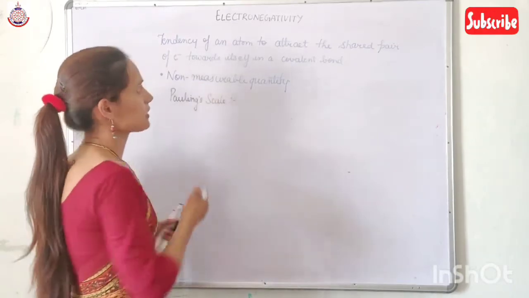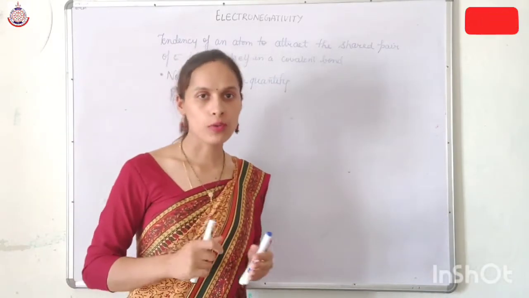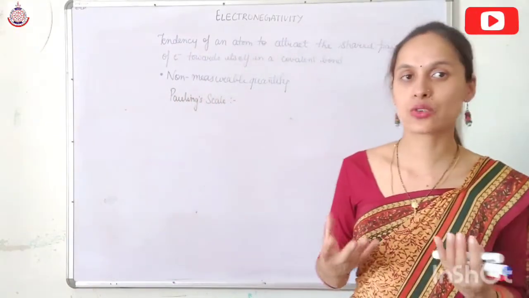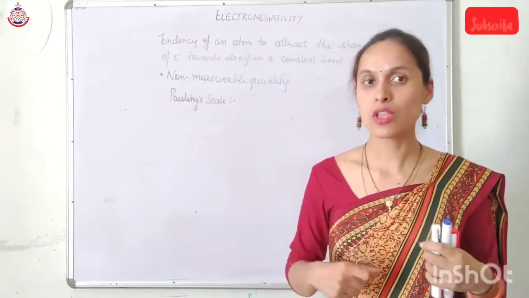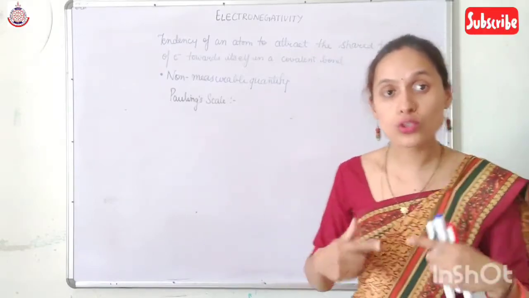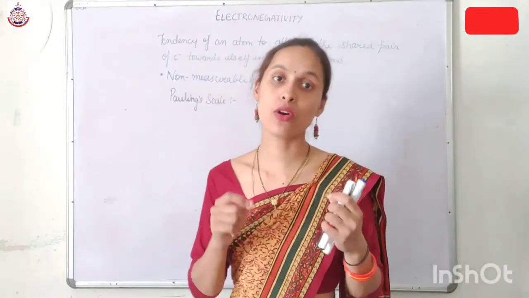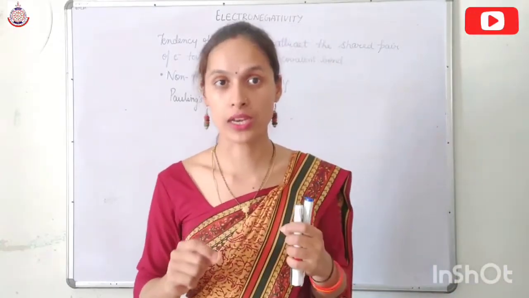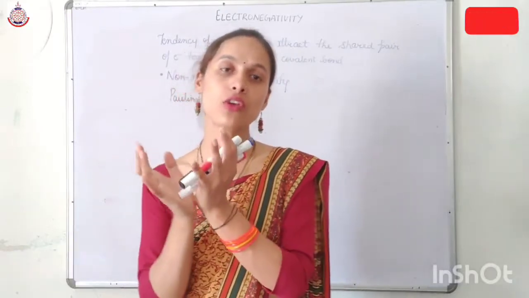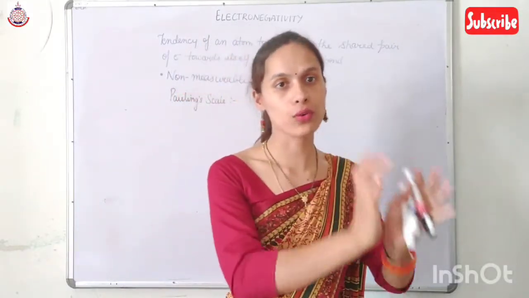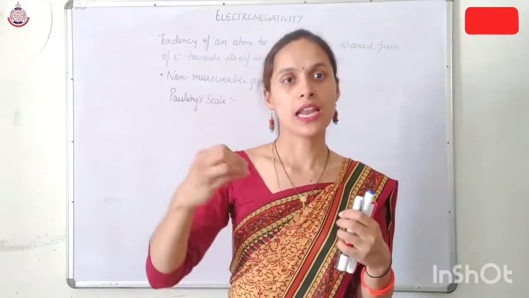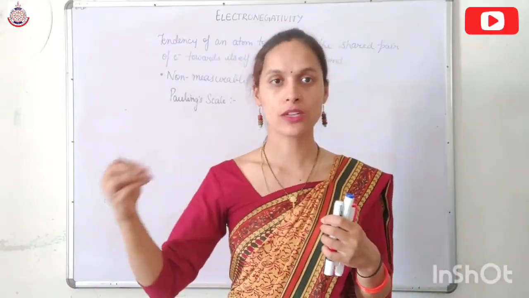Actually we compare the electronegativity of different atoms on the basis of the most electronegative element of the periodic table, that is fluorine. We simply compare the electronegativities of different atoms with fluorine, and use that as the electronegativity value for that atom.